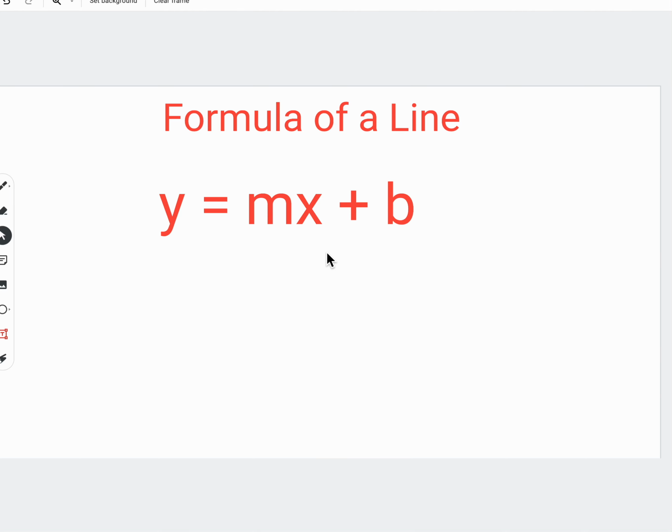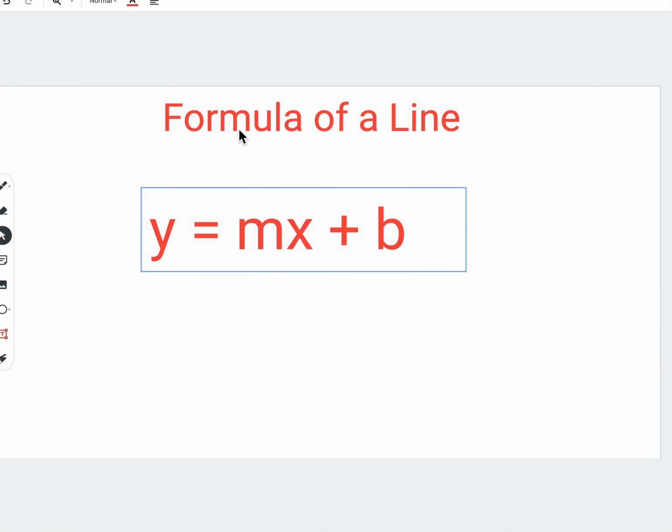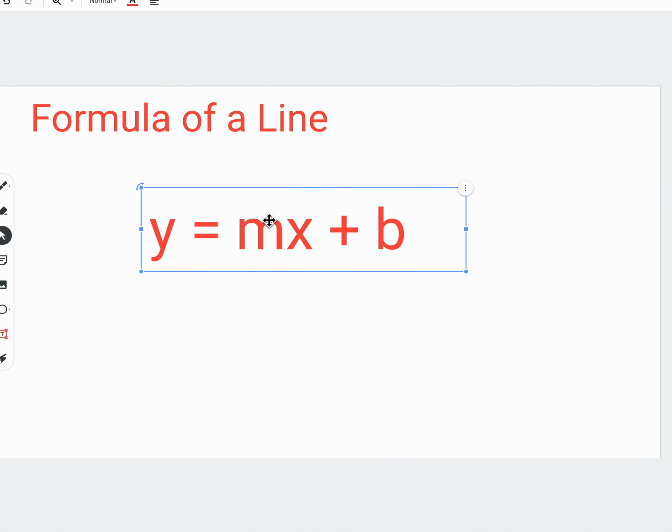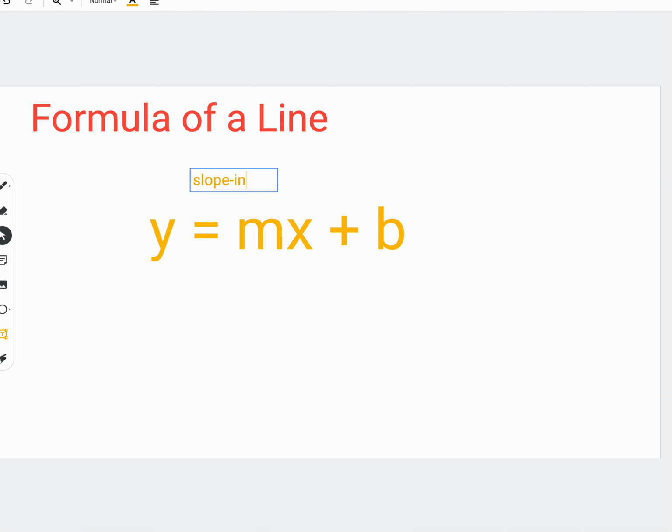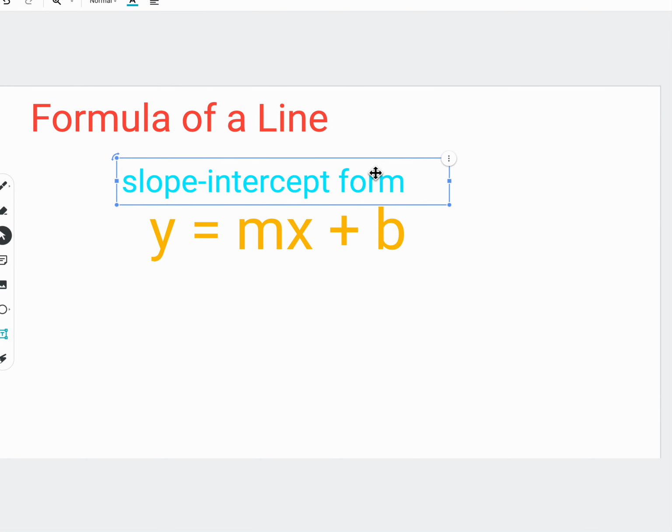This is called the slope-intercept form. This is because it shows the slope and the y-intercept.